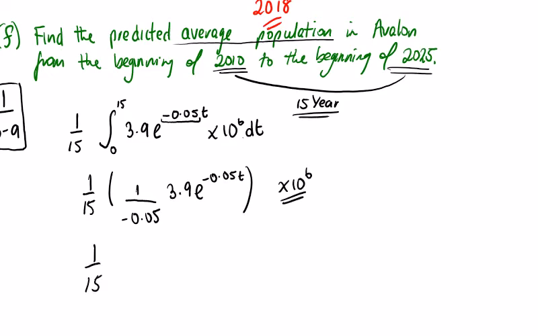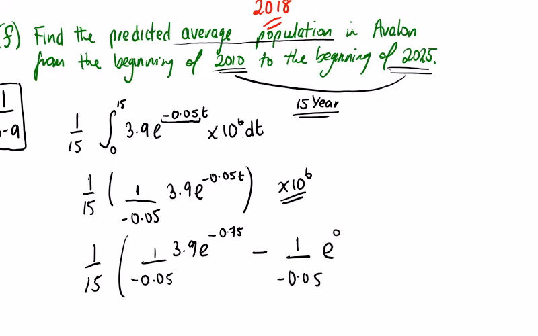So 1 over 15 by 1 over minus 0.05, 3.9 e to the power of minus 0.05 times 15, which is 0.75. And then we're going to have minus in this case, a minus, and then it's going to be 1 over minus 0.05, e to the power of 0.